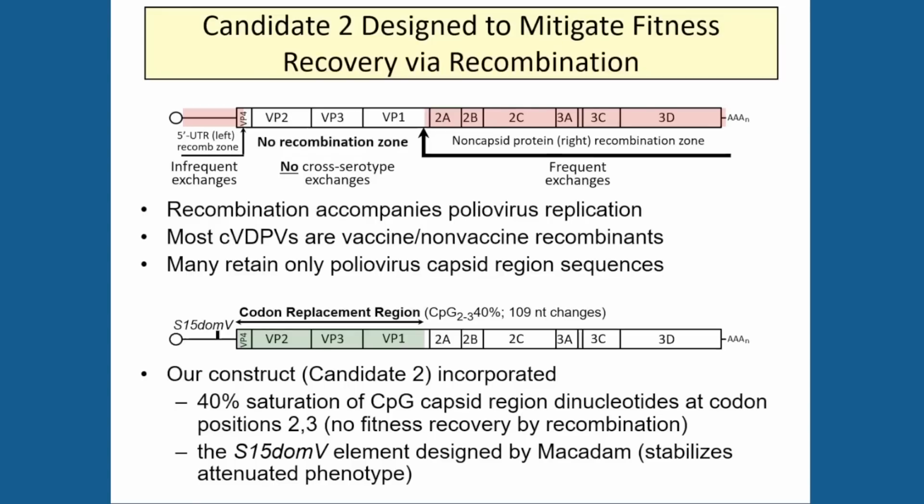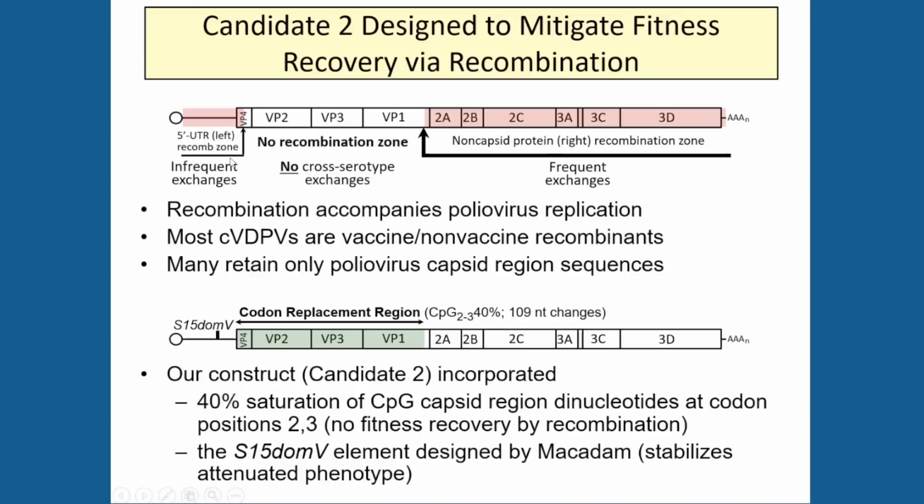So what we were trying to do was to mitigate the consequences of recombination, because we'd seen many cVDPVs from all over the world that had double recombinants. They had non-capsid protein sequences derived from species C enteroviruses, including other polioviruses and vaccine strains.